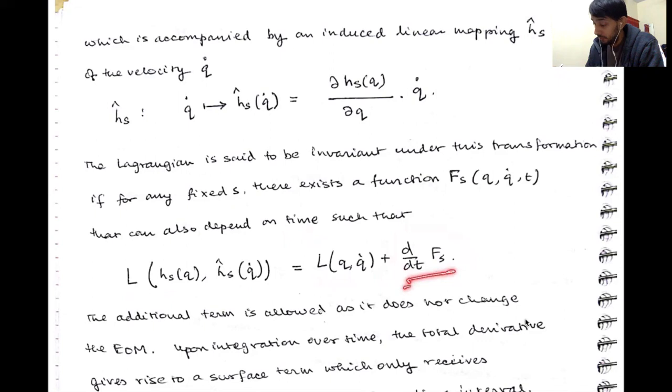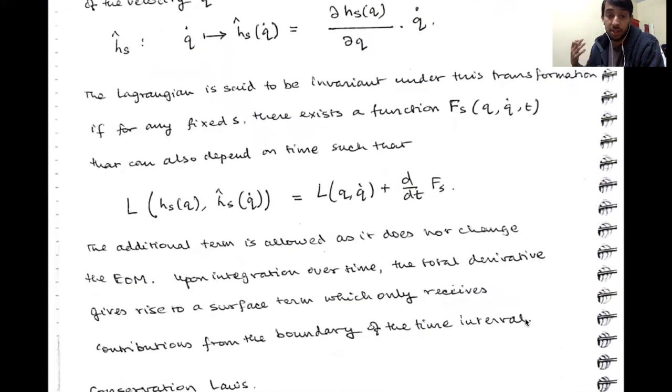This extra term can be allowed because it does not change the equation of motion. The only thing that this can affect is when you integrate over time, the total derivative actually gives rise to a surface term, and this only receives contributions from the boundary of the time interval, right? This is something that you guys know, but I just wanted to reiterate this.